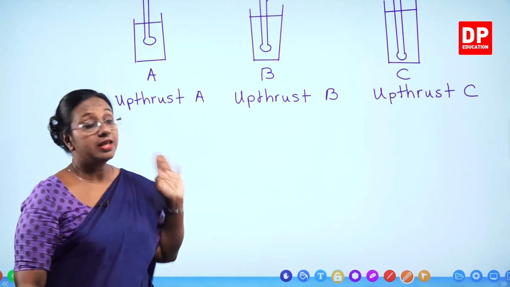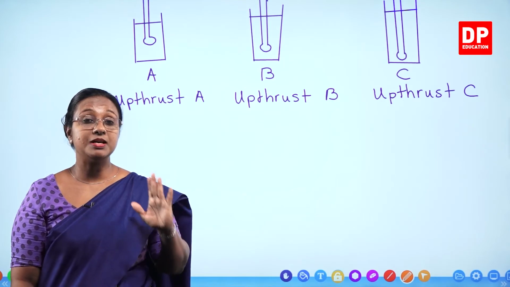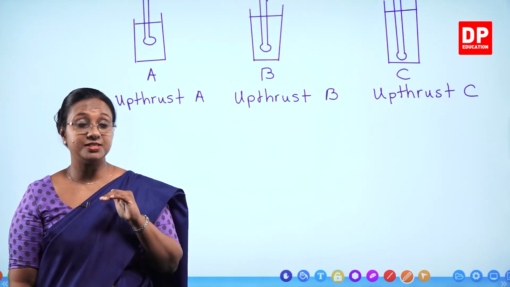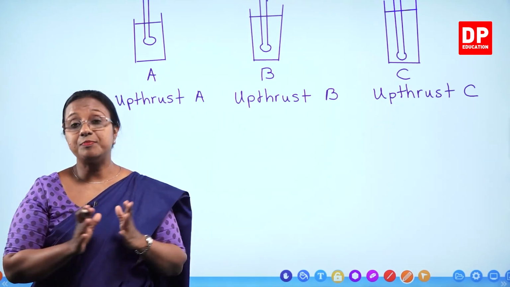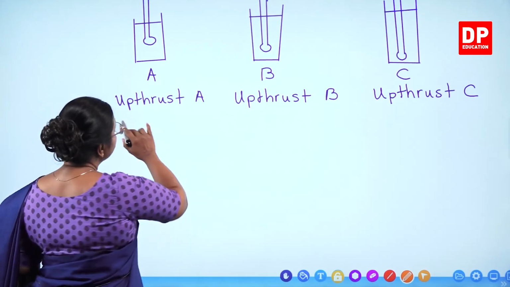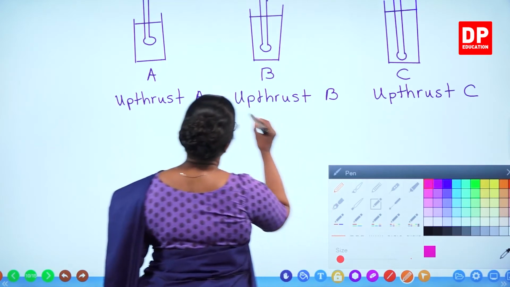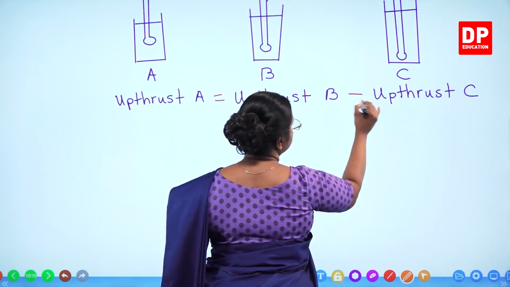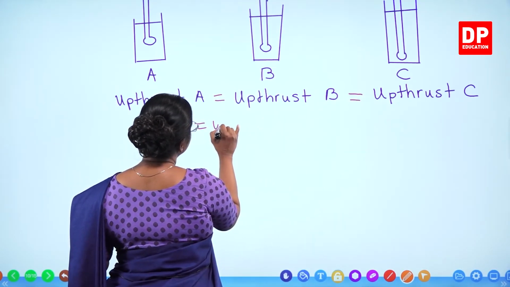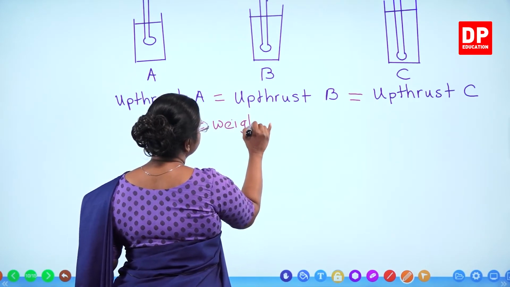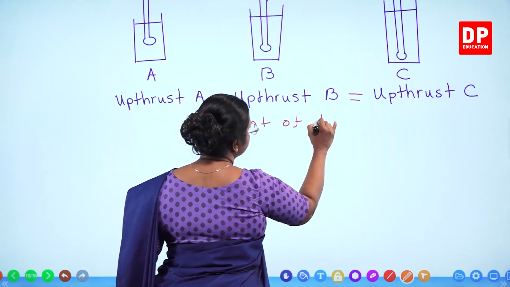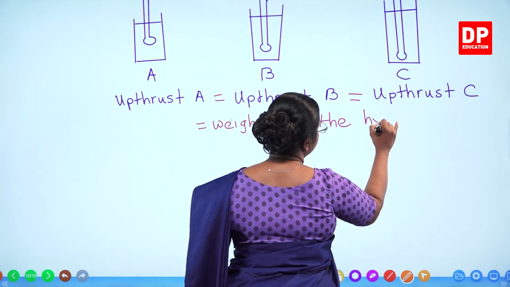That is why they are all partially submerged and floating. Whenever they are partially submerged and floating, the upthrust is equal. So in all three instances, the upthrust is equal, and that is equal to the weight of the hydrometer.